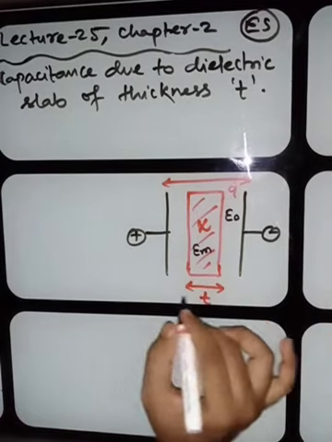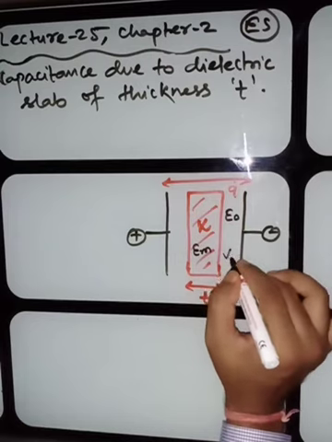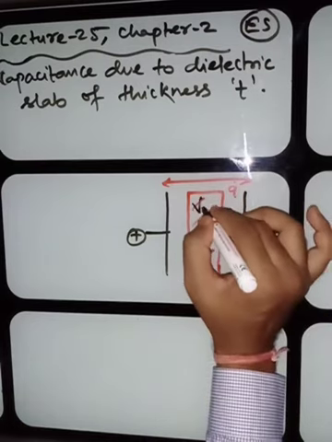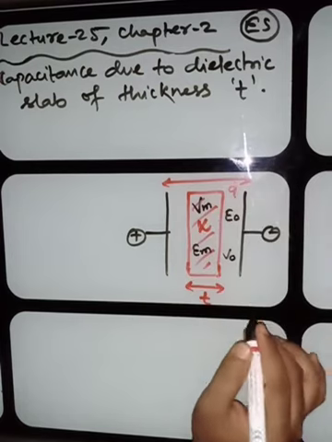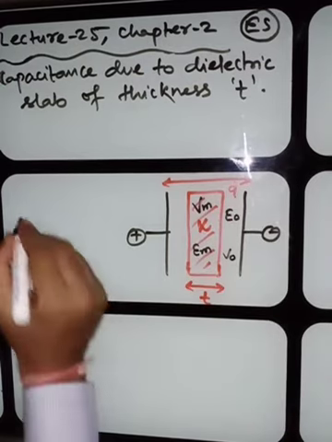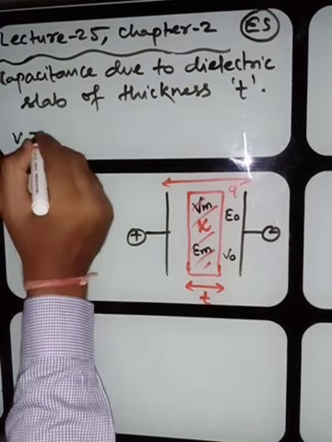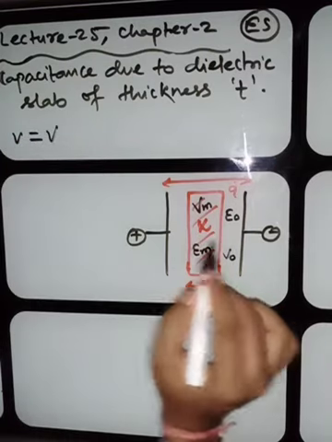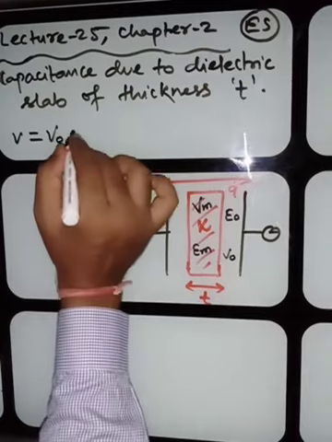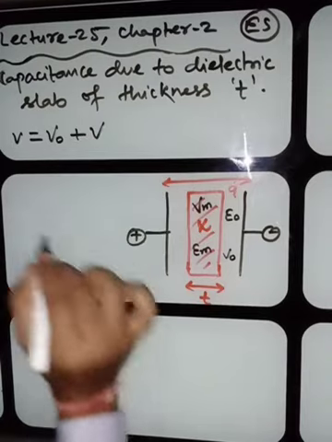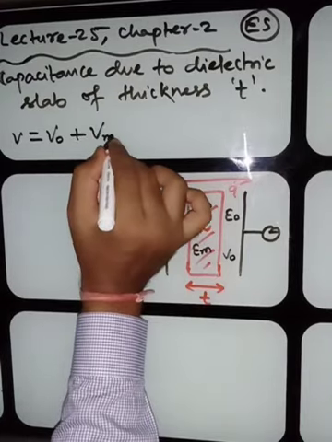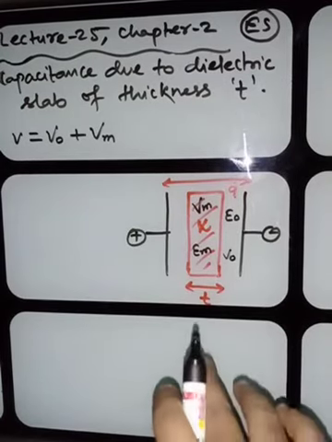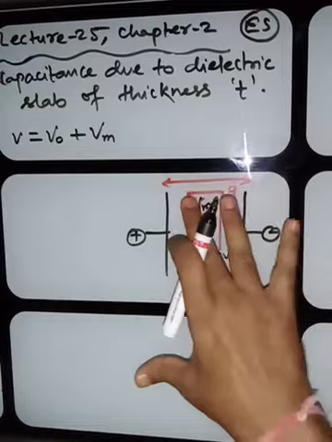Now the potential: here the potential will be the potential due to free space, here the potential which is in the medium. Net potential V will be the potential in free space, that is V naught, plus the potential which is in the dielectric. This is the net potential. Okay, I hope this is very clear.